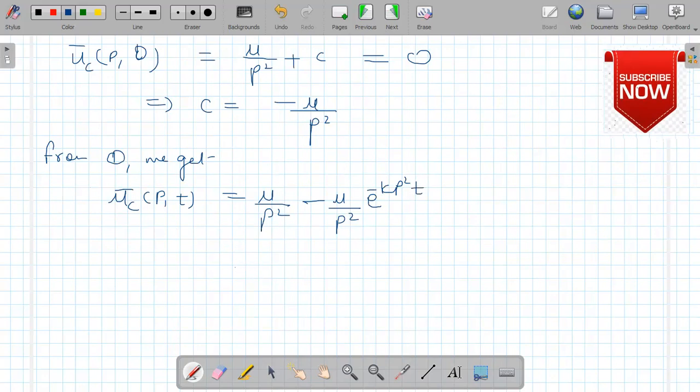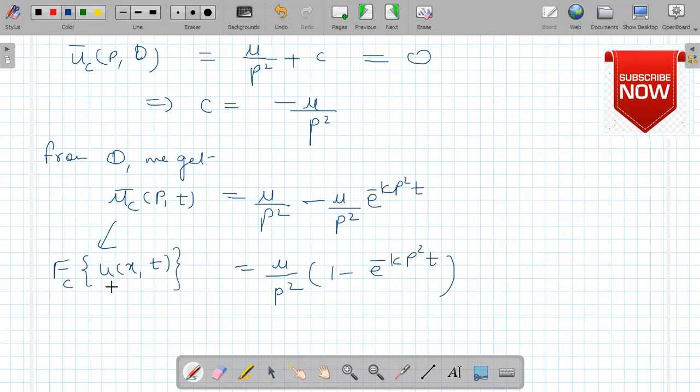So we can take μ upon p square common. We have this. Now this is the value of μ C bar, which is the Fourier cosine transform of u x comma t.